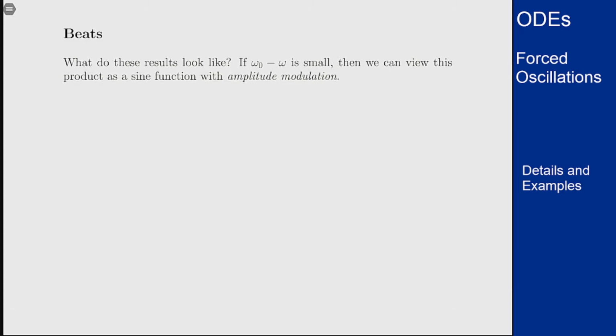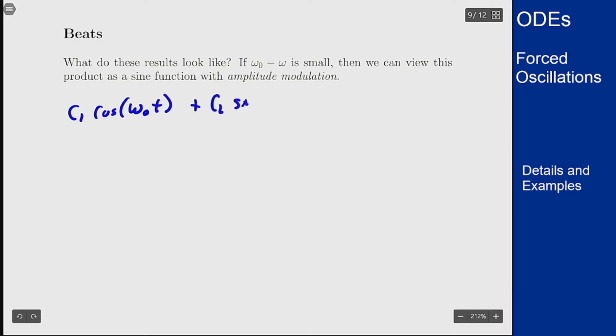So in that case, we have a solution that looks like C1 cosine of omega 0 t plus C2 sine omega 0 t plus f0 over a times (omega 0 squared minus omega squared) cosine of omega t.